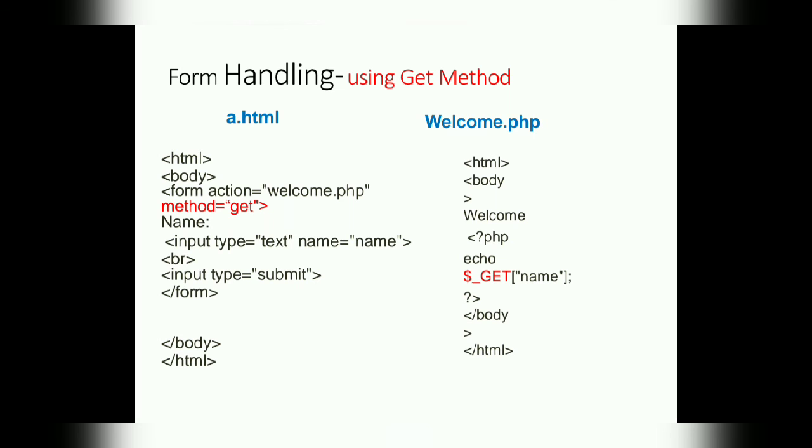Okay, so here input type for name is text and name will be name. Again the HTML form is same, only at the welcome.php side we have to use echo $_GET name. So it will give you the get method access.